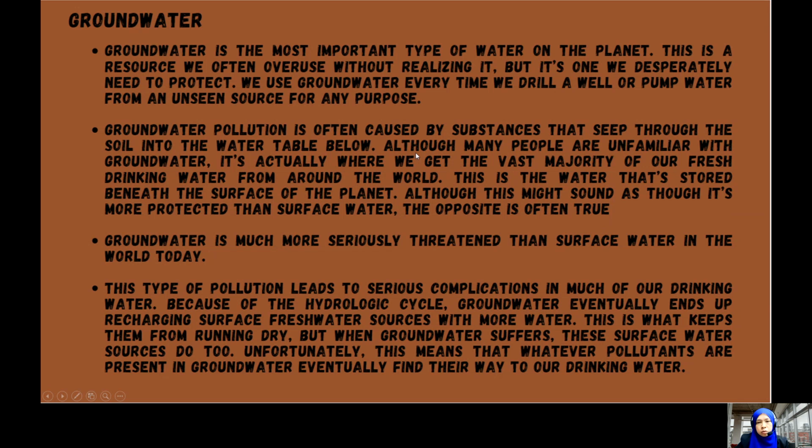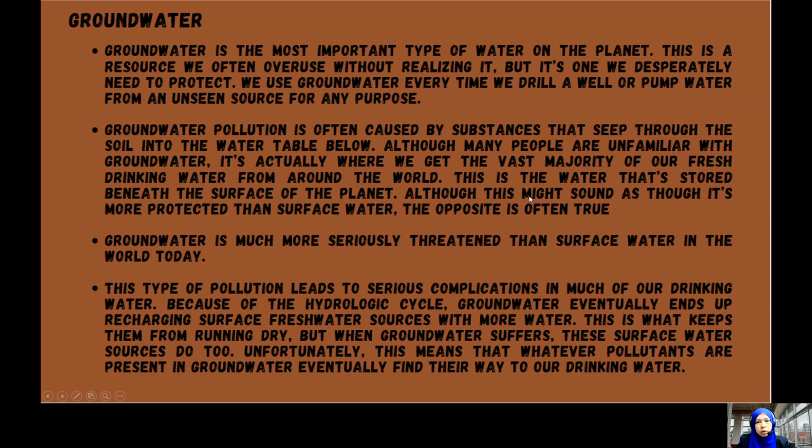Although many people are unfamiliar with groundwater, it is actually where we get the majority of our fresh drinking water from around the world. This is the water that is stored beneath the surface of the planet.